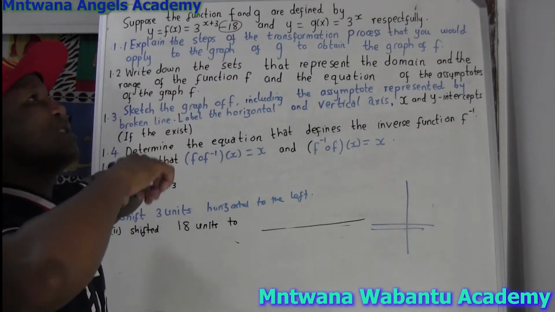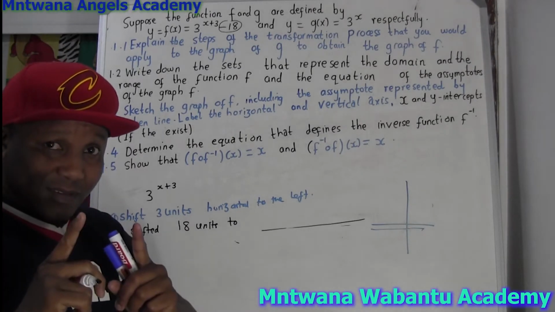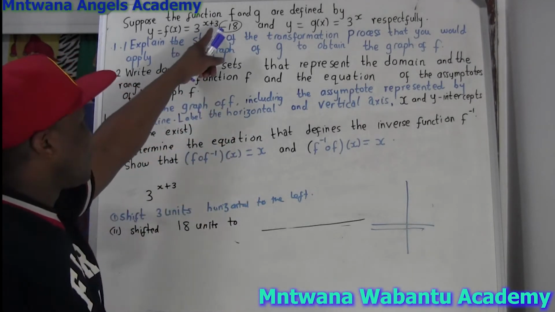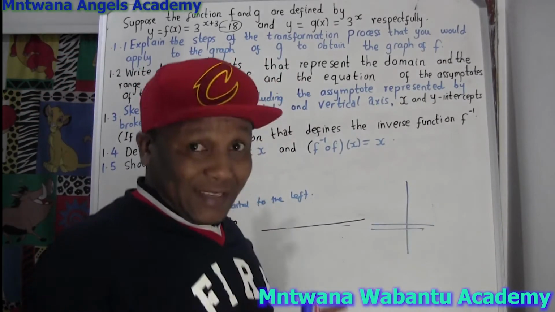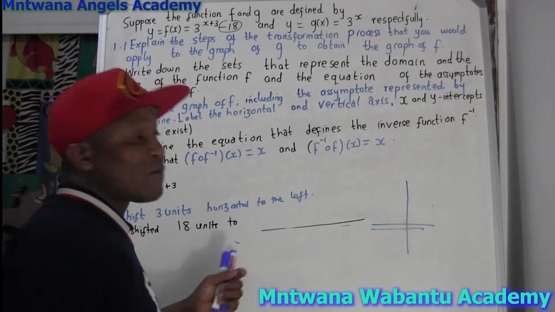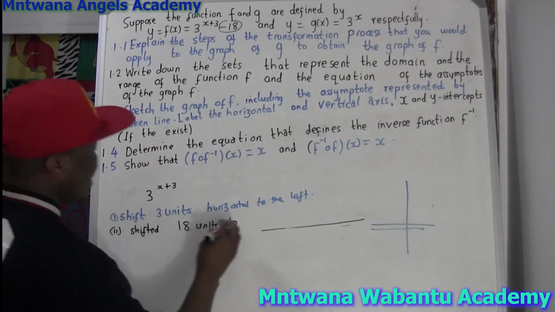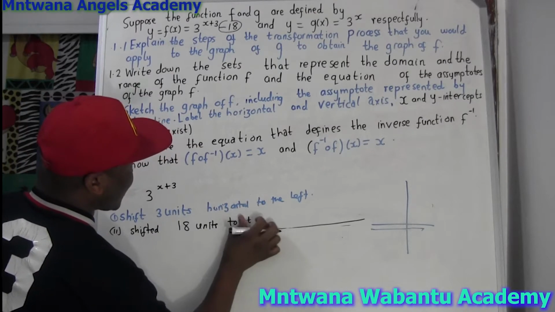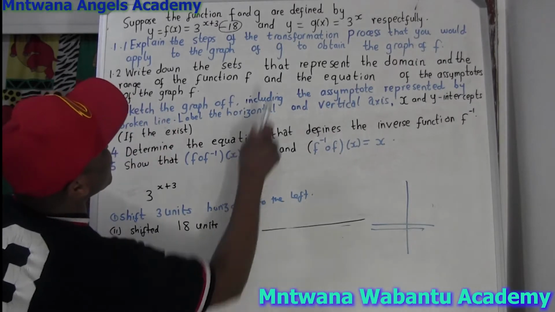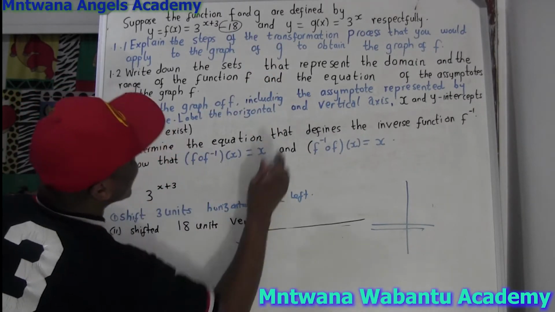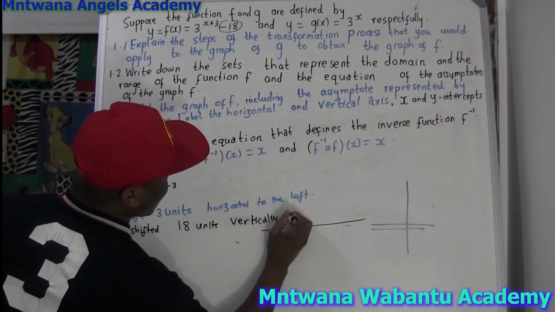So for y, if you see plus, moving up; when you see negative, moving down. But for x, it's another business. If you see positive, move to the left, because we expected positive must be here. When you see negative, say move to the right. So 18 units vertical downward. The graph was shifted 18 units vertical downward. Why? Because of the negative.